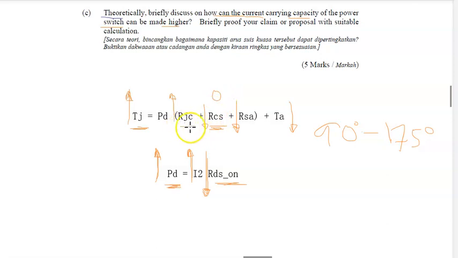RJC means we can choose another part which has a lower RJC, but now we consider RJC fixed because this is the part that we have chosen. We have already set our RSA, and we have already obtained our heatsink.